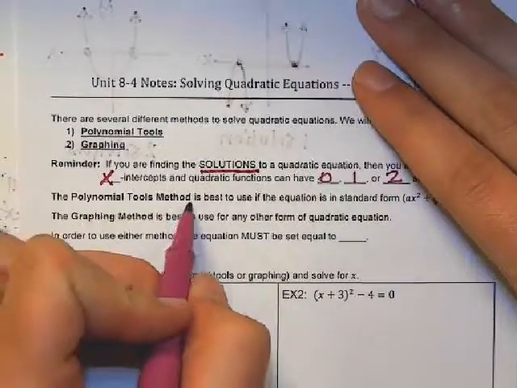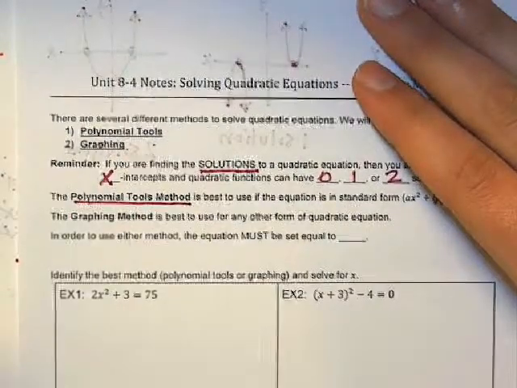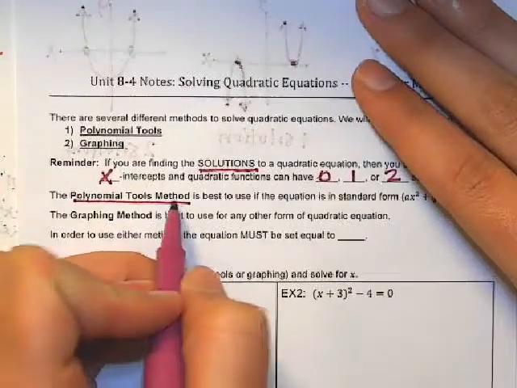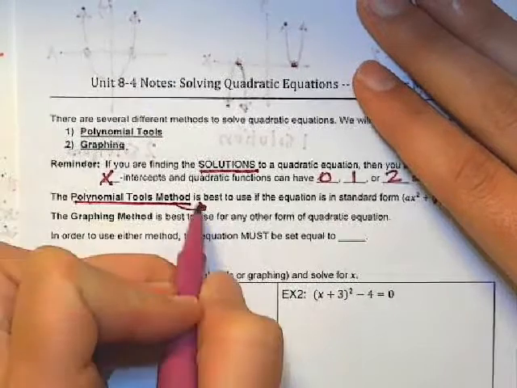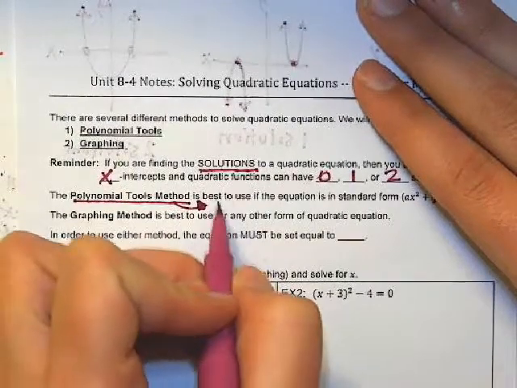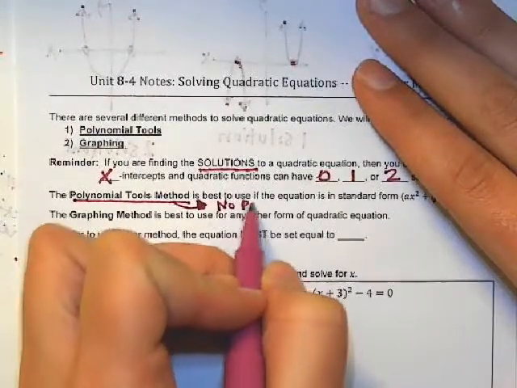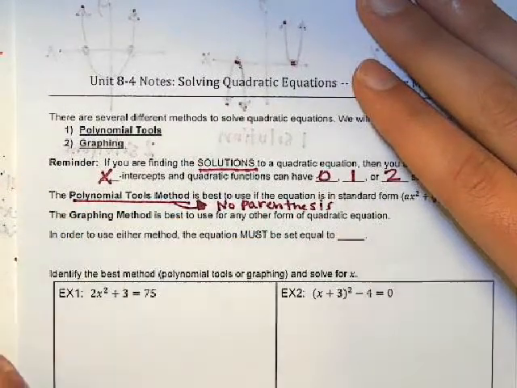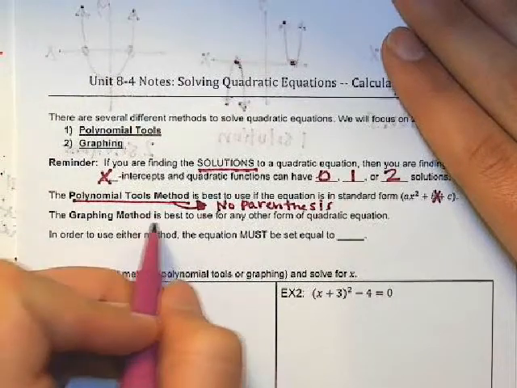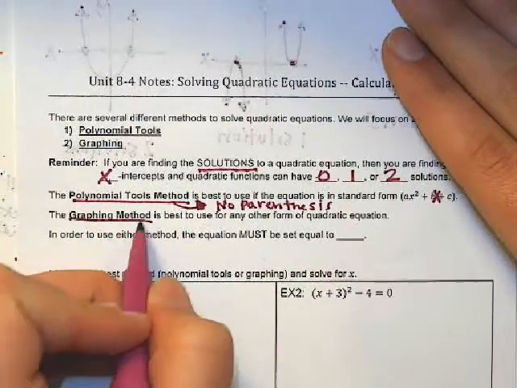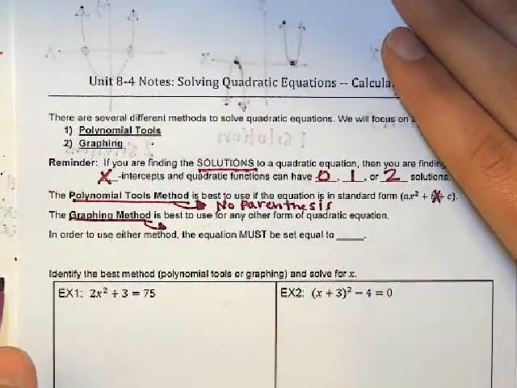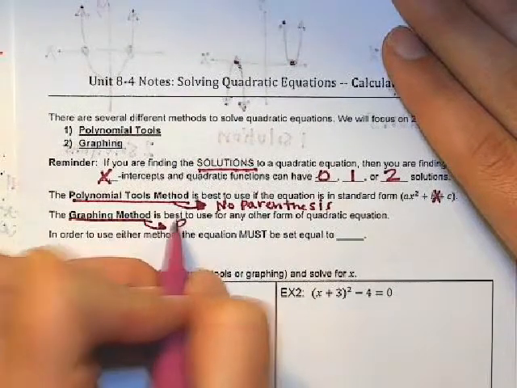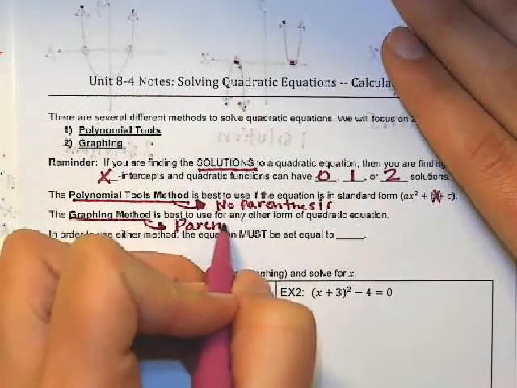So I want you to underline polynomial tools. When we do polynomial tools, that means that we have no parentheses in the equation. When we do graphing method, that means we do have parentheses.